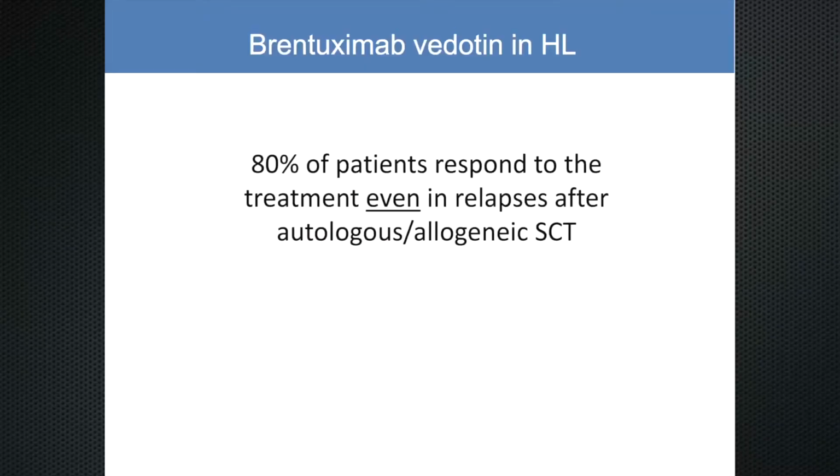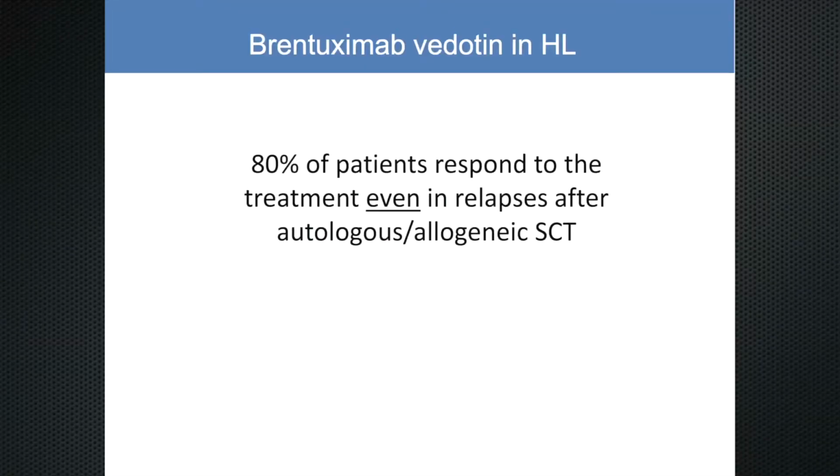CD30 is highly expressed in the classical variant, which represents 95% of the Hodgkin lymphomas, is well expressed in the majority of T-cell lymphomas, and it is a little bit expressed also in some other subtypes of lymphoma.